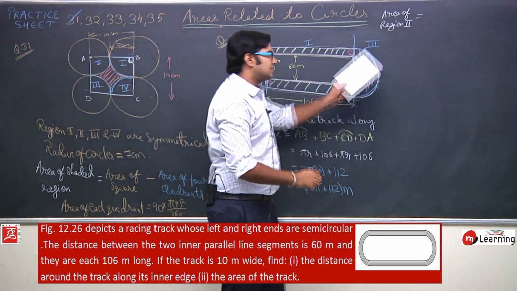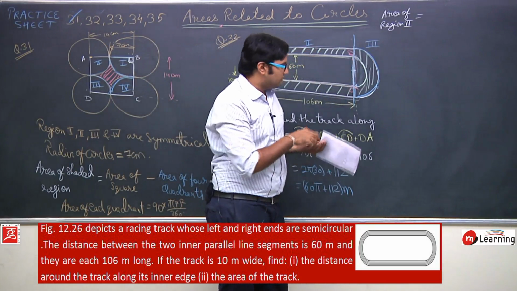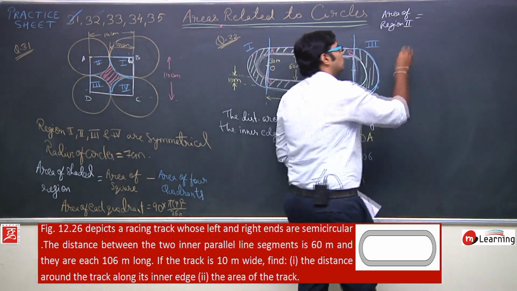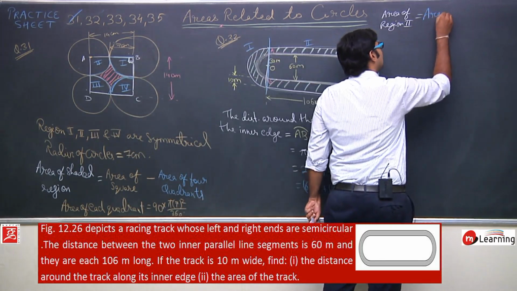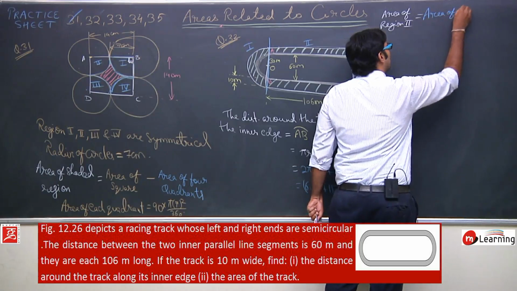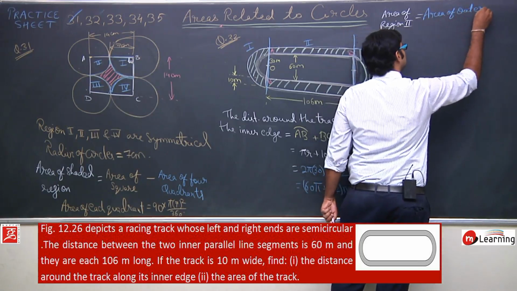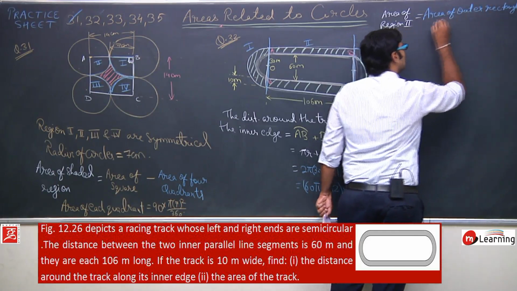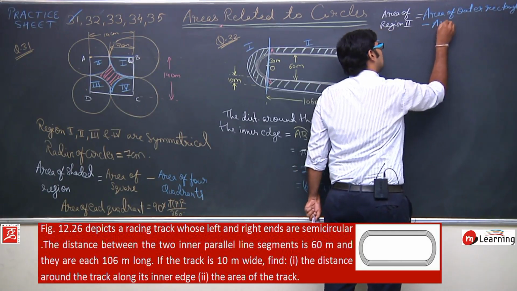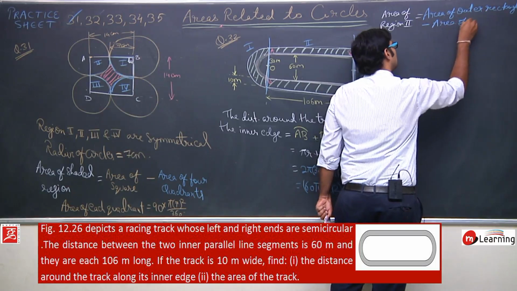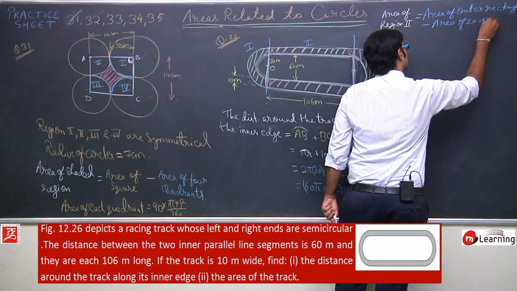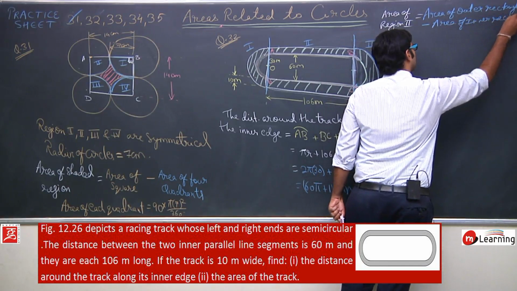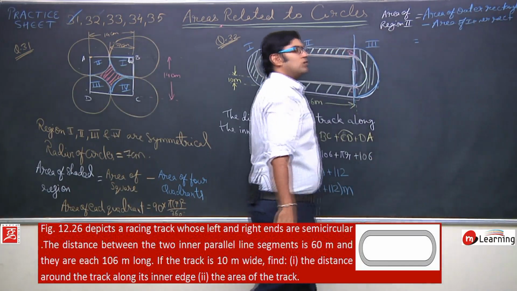So what I am saying is, area of region 2 is equal to area of outer rectangle minus area of inner rectangle. Now what is the area of outer rectangle?